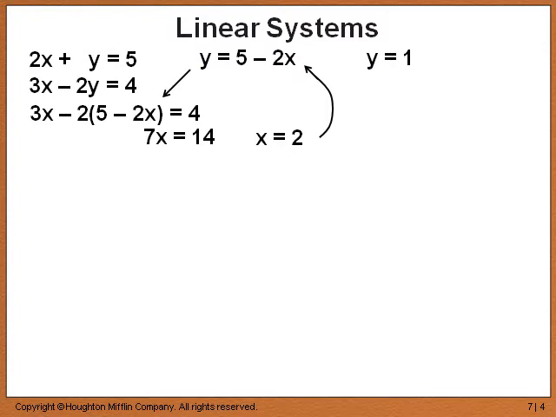And we get y equals 1. So I've solved this system by substitution, and I have my x value 2, my y value 1, and therefore the ordered pair (2, 1) is the solution for this linear system.